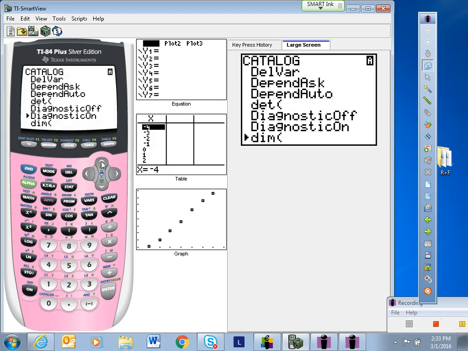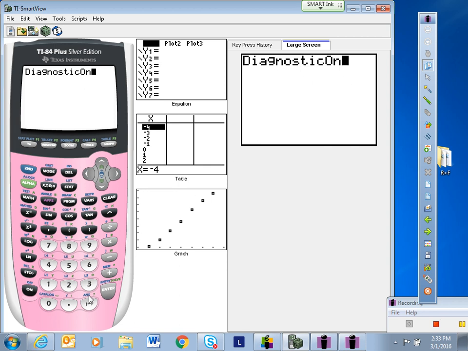You have to press enter, and then it says it turned it on. There's another place you can get it: go to mode, go to stats, diagnostics on or diagnostics off.